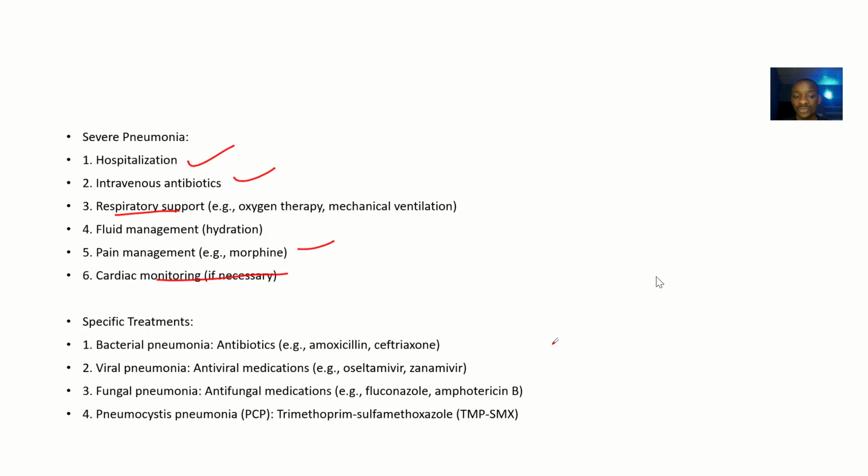Then for specific treatment, if you have identified that this pneumonia is caused by a bacteria, you opt for antibiotics like amoxicillin and ceftriaxone. For viral pneumonia, you opt for antiviral medications like oseltamivir and zanamivir.